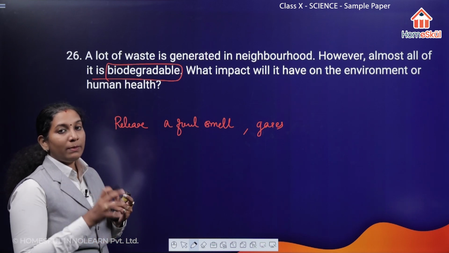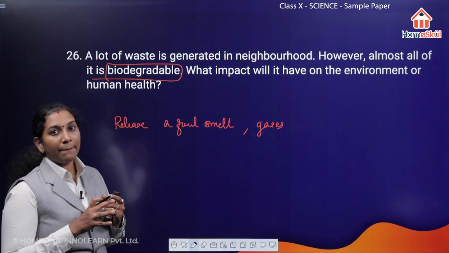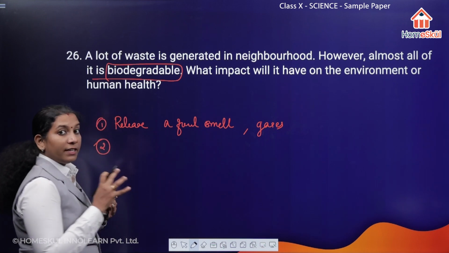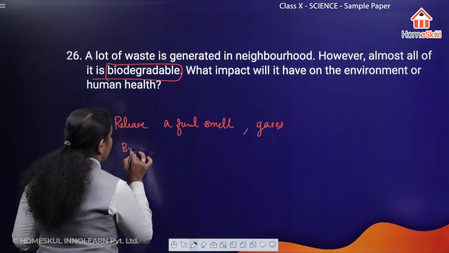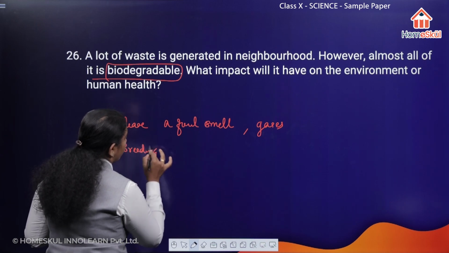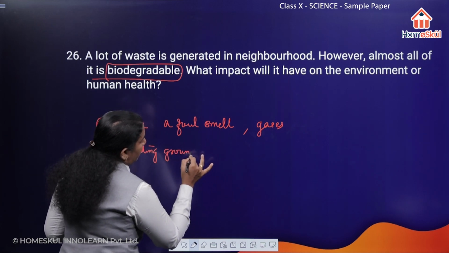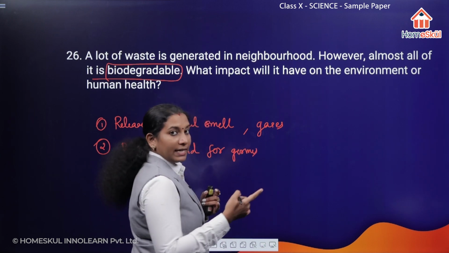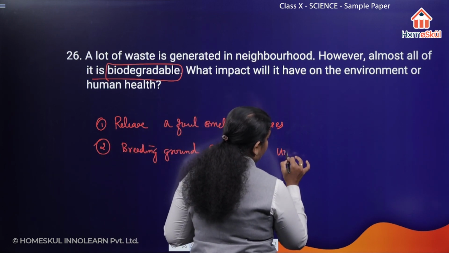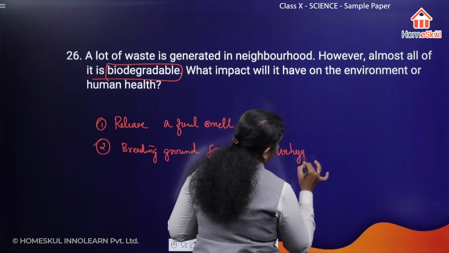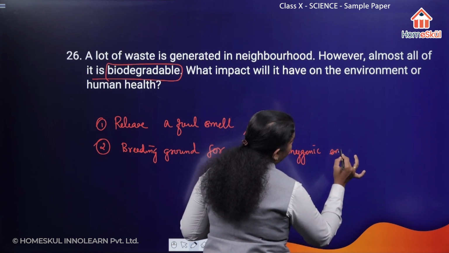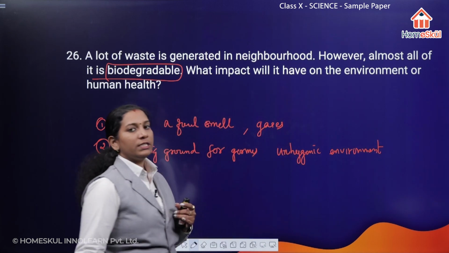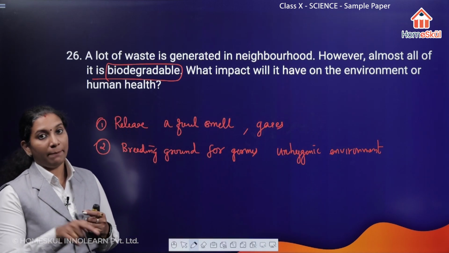And when they are accumulated more, what will happen? It will act as a breeding ground for different germs. That will create an unhygienic environment. So, this will be the effects or impact.